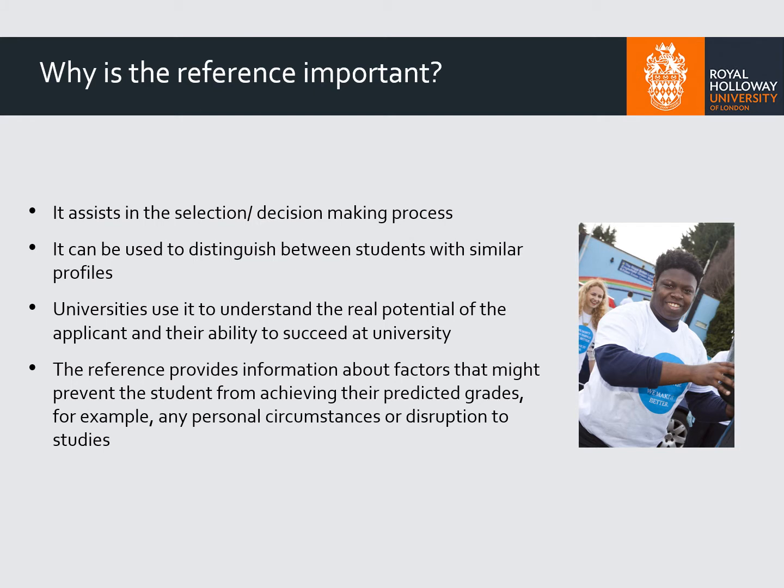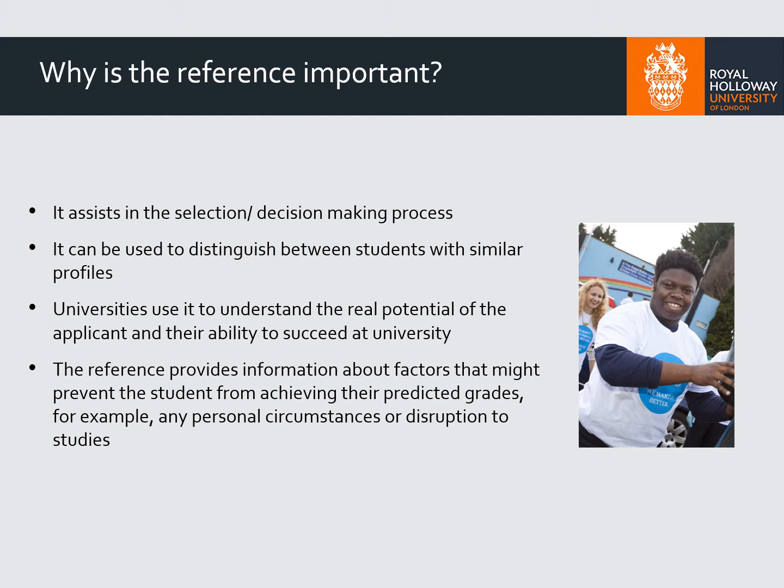So why is a reference so important? It helps universities in the selection and decision-making process. If you consider that some of the top universities may ask for certain A-level grades, let's say A-star AA, to get into a particular degree, and everybody who applies is predicted an A-star AA, then universities will use the personal statement as well as the teacher reference to help distinguish between the profiles.